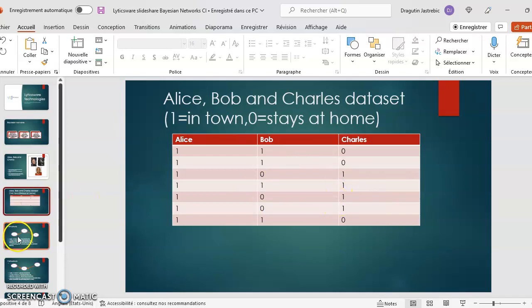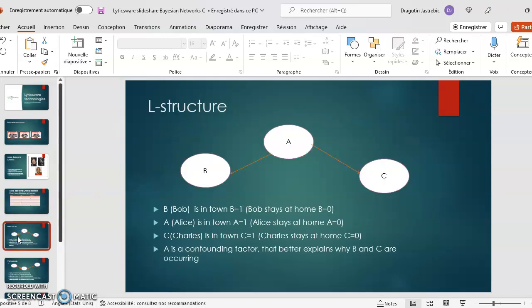But in fact, what this L structure is explaining to us is that there may be some statistical correlation between the events Bob is in town and Charles is in town, but there is no causality between these two events.